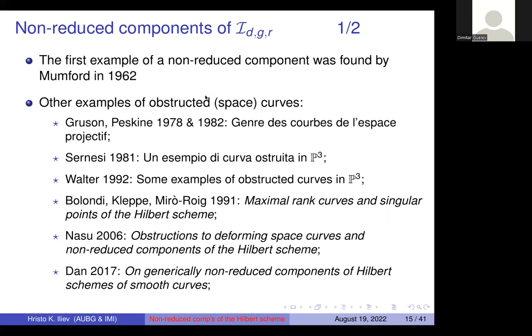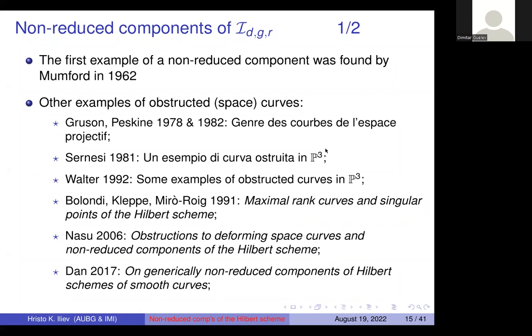And then other examples of non-reduced components of I_{D,G,R}, equivalently of space curves, have been given by Gruson and Peskine in the late 70s, early 80s, then by Cerlienco in 1981, which is a very nice example that I really like, and then some other examples by Walter, Boulon-Declercq, Miroir, Nasu, and Hirokazu Nasu in 2006, and also a relatively recent result by Ananyo Dan, 2017.